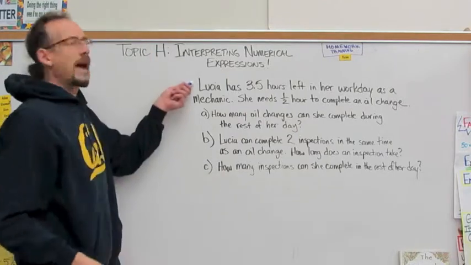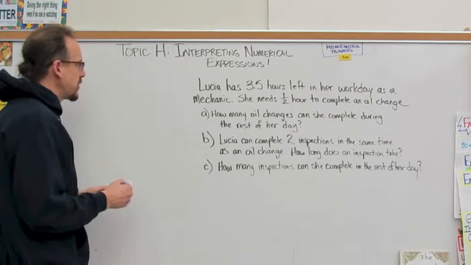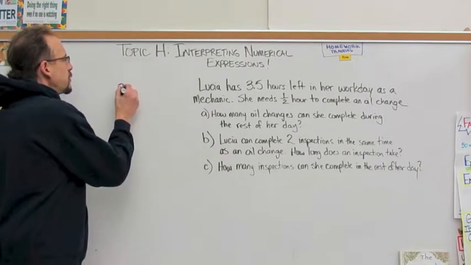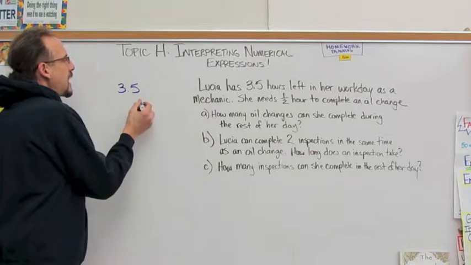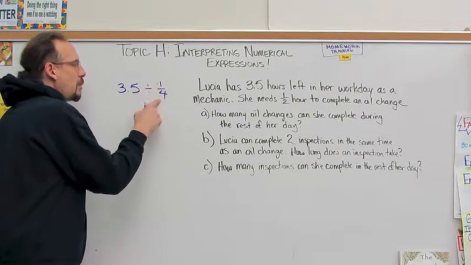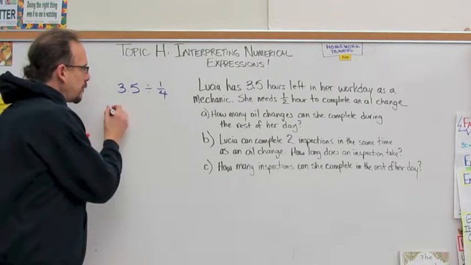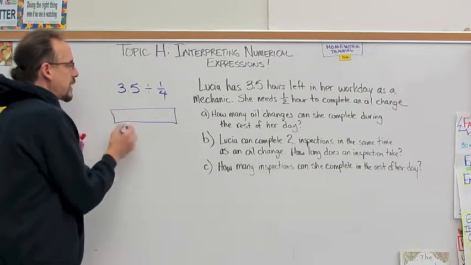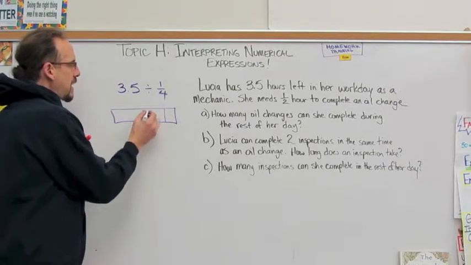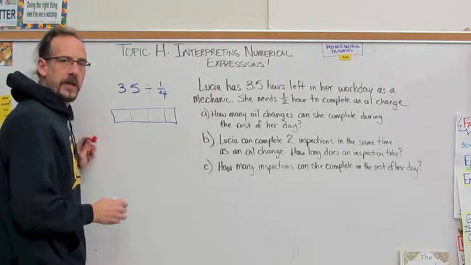And again, I'm going back up to the problem. I still have 3.5 hours left in my workday. Now I'm solving this problem. 3.5 divided by 1/4. How many 1/4ths are in 3.5? And I could go back and draw my tape diagram like I did before and have that half, 1, 2, 3, and then figure out how many fourths are in each one.